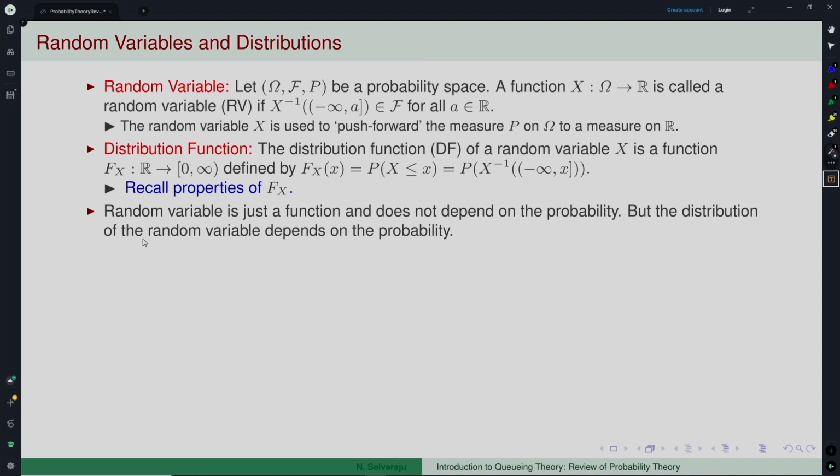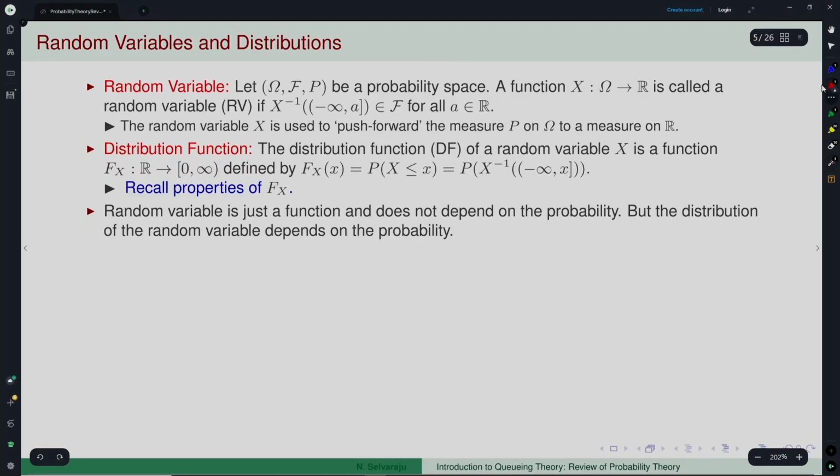But how does it come about? It comes from the basic construct of the probability space. There you define X, that gives rise to this. So, basically what one can see is that this X along with this F_X, which can be defined equivalently in many different ways, is then called a stochastic model or a probabilistic model.